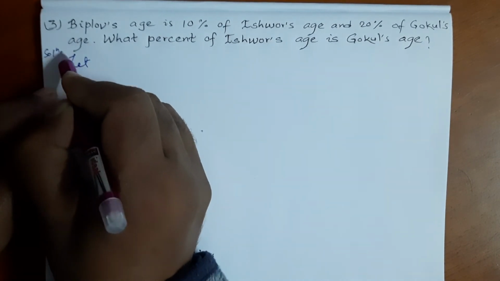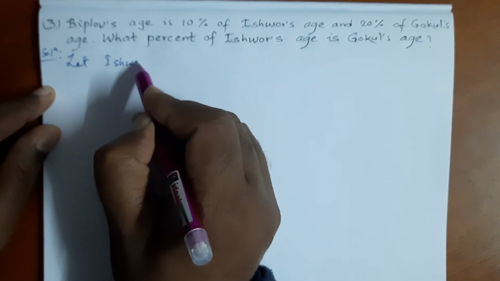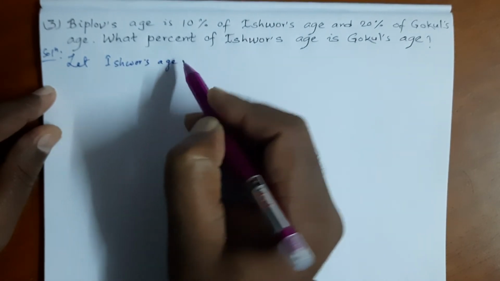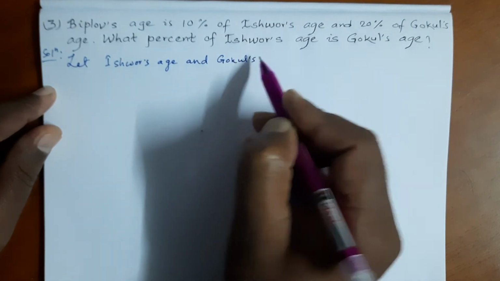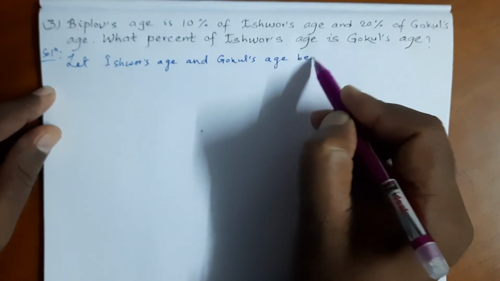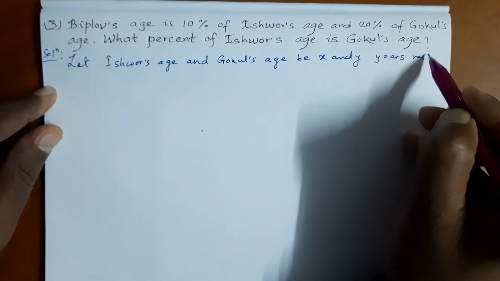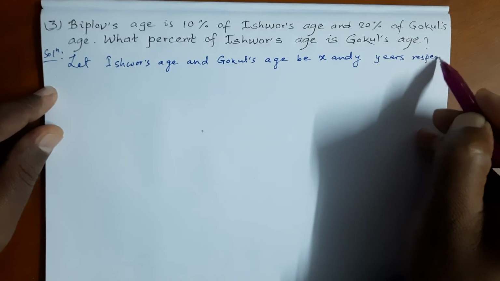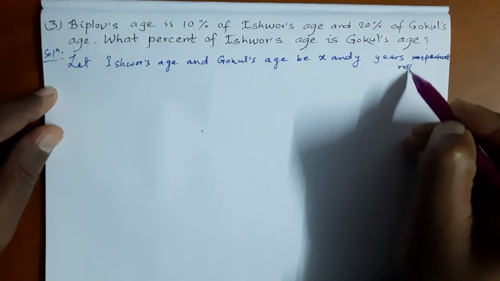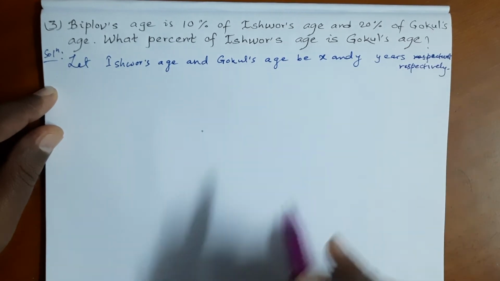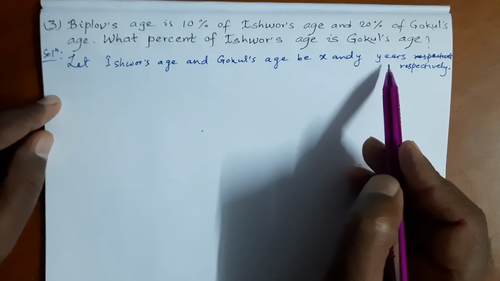Let us now solve this question. Let Ishwar's age and Gokul's age be X and Y years respectively.